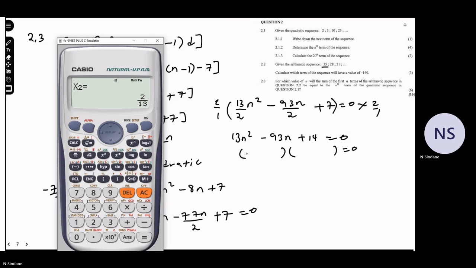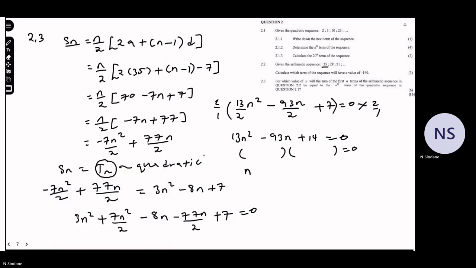So n is equal to 7, or n is equal to 2 over 13, where n cannot be 2 over 13. Therefore, the value of n is equal to 7. Right? The value of n in this case is equal to 7.